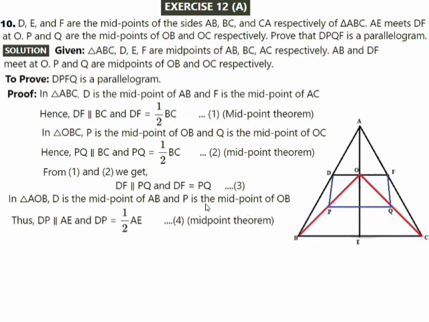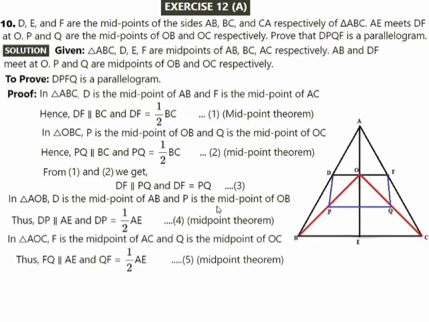Just wait a minute. Similarly, triangle AOC. In triangle AOC, this is not AE, this is AO. Remember, in place of AE you must write AO. In triangle AOC, F is the midpoint of AC and Q is the midpoint of OC.